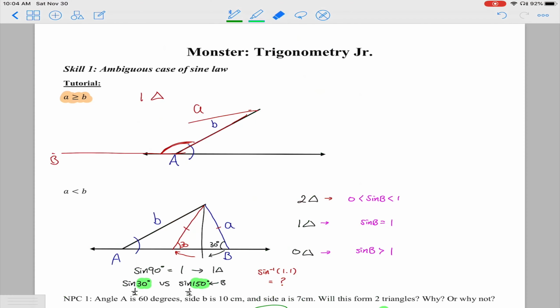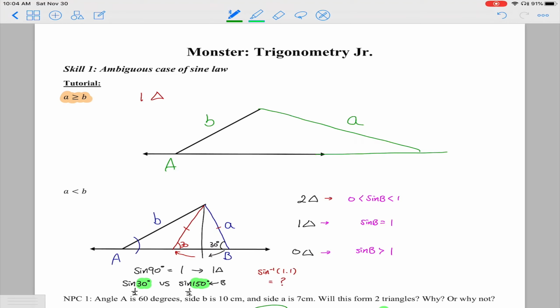Remember from our umbrella case, I'll write this one again over there. If my side A is longer than side B, then we agreed that we can only form one triangle, since we cannot swing this arm to the other side, creating an obtuse triangle, because the angle A given to us is acute.